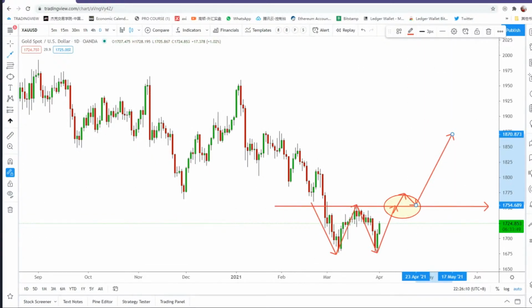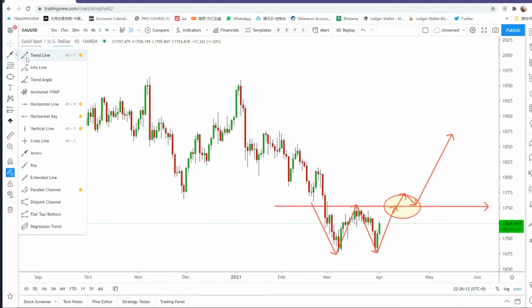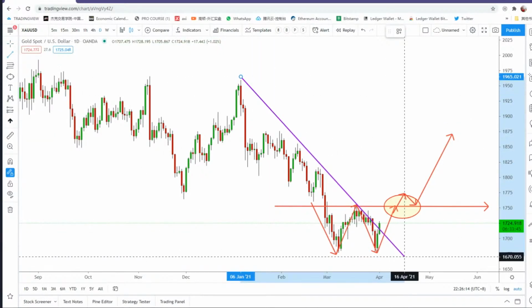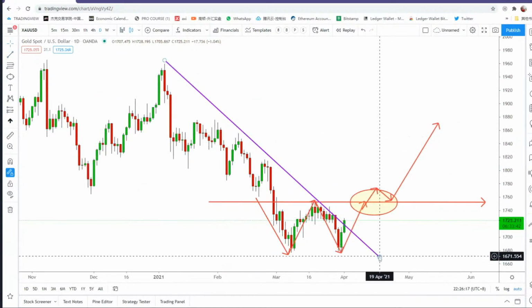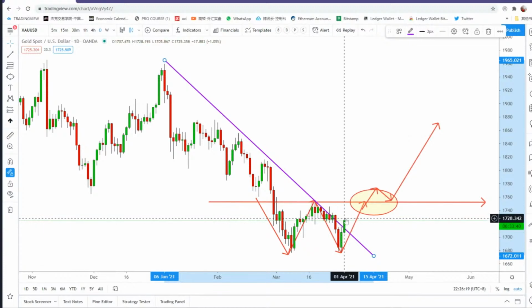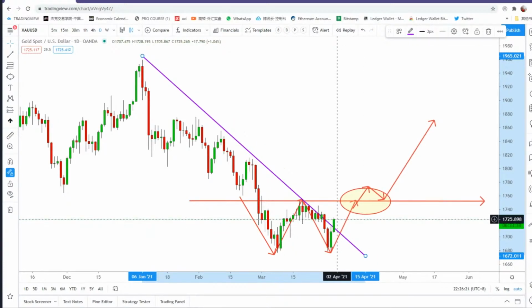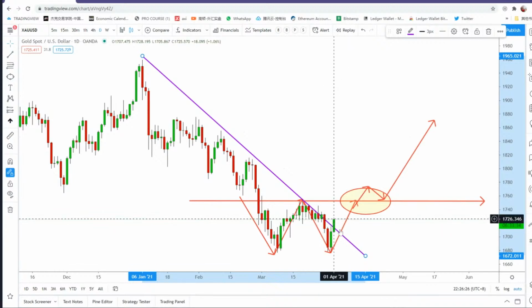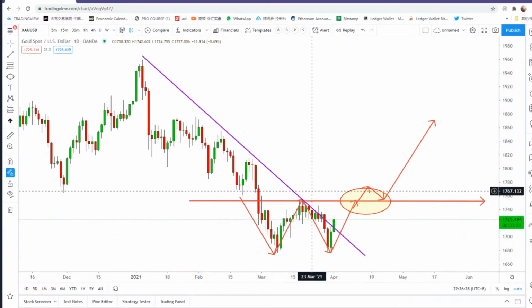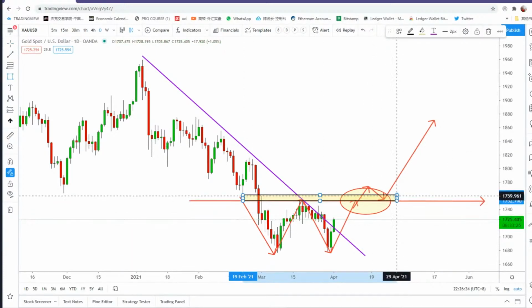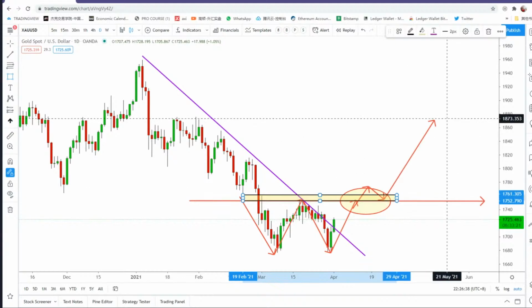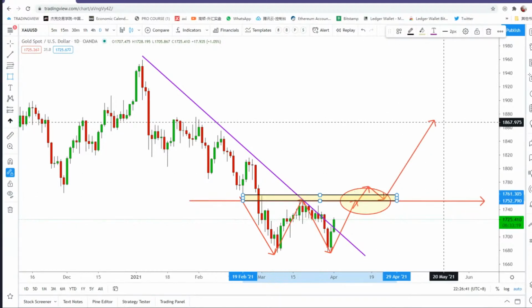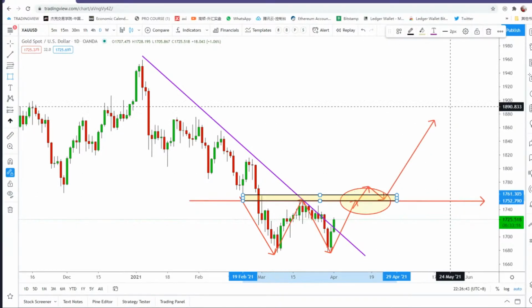You can also draw the downtrend line, and you can see the downtrend line was almost broken today. If today's candle can close outside at 1714, it confirms a double bottom has already formed. So the next stage is to go beyond 1752, and when the neckline is broken, go long and get ready for the gold to rally more to 1860 and even 1920.